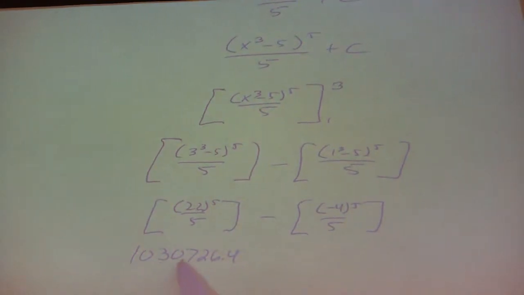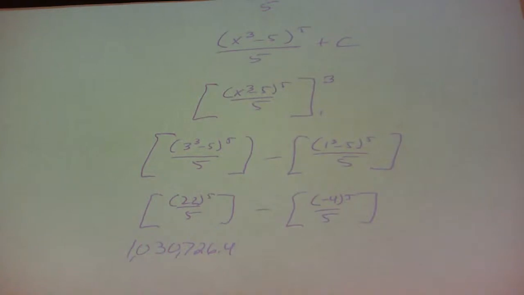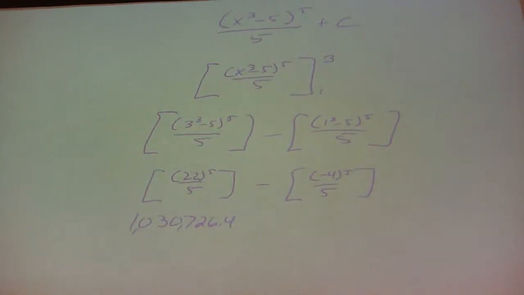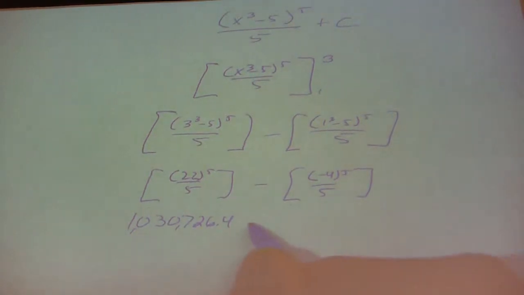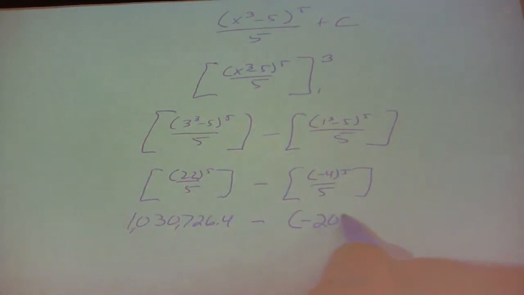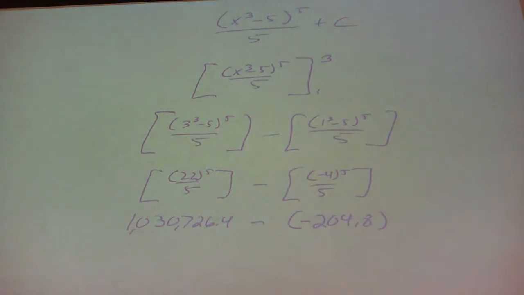Are you getting 1,030,726.4 for the first one? And then are you getting minus negative 204.8 for the second part? And then when you put those all together, plus.